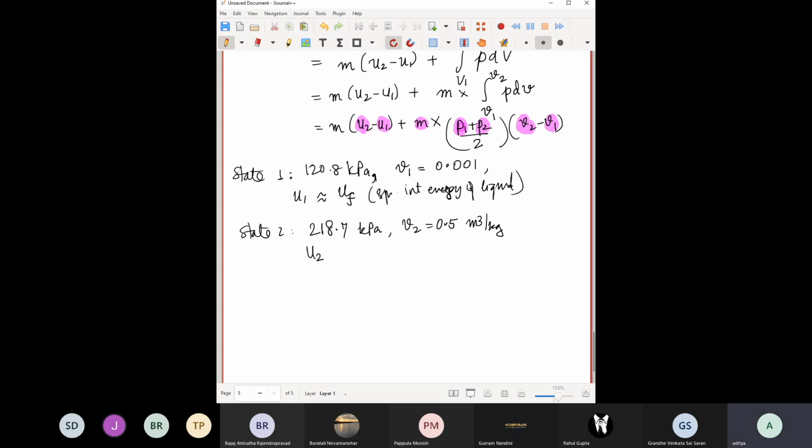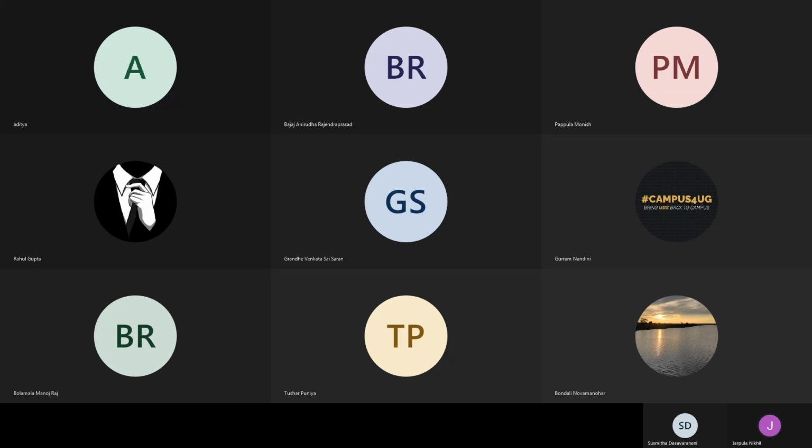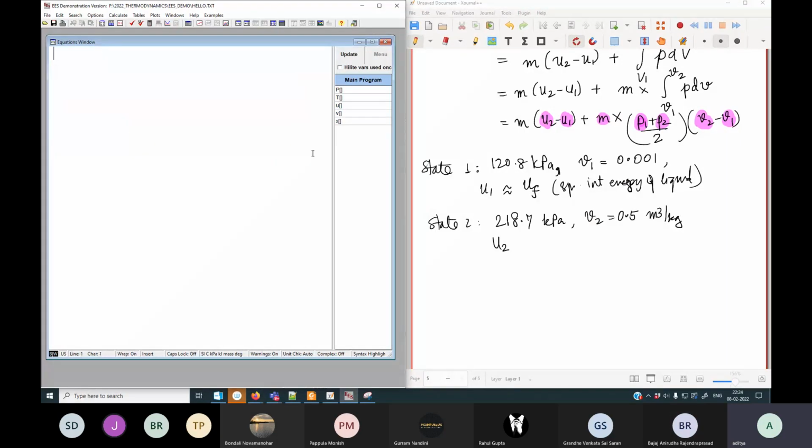So let me first do it using EES. I have to share my entire screen. Okay, let me just get rid of the ammonia problem from before. U1 equal to IntEnergy steam, P equal to 120.8, v equal to 0.001. Actually, a better way would be x equal to 0.